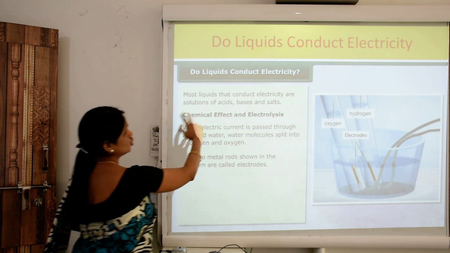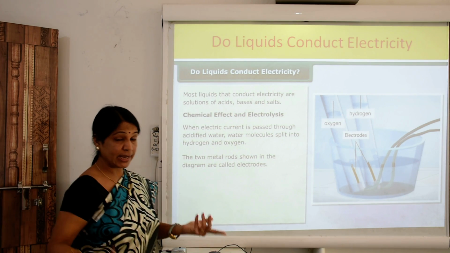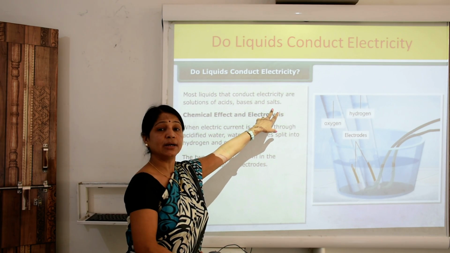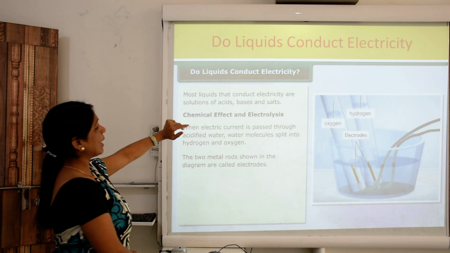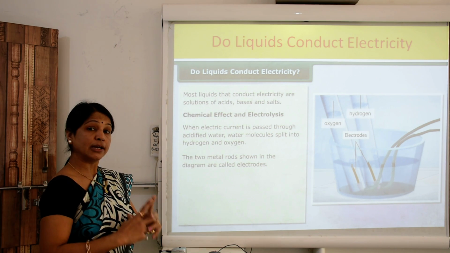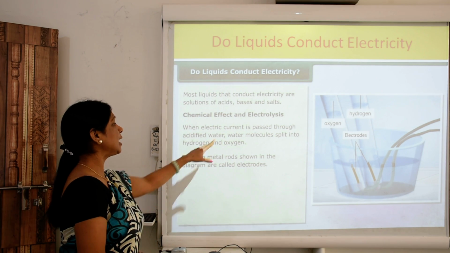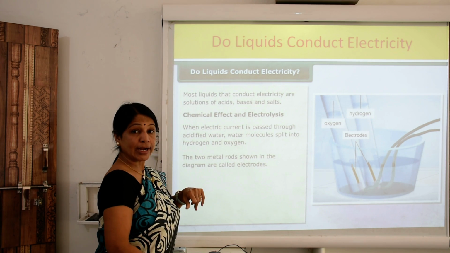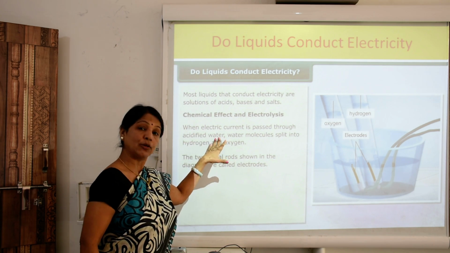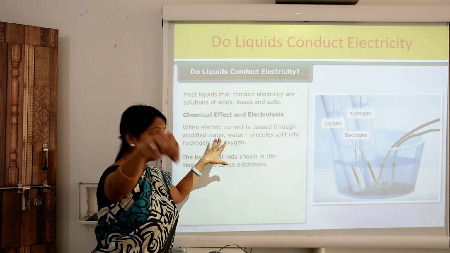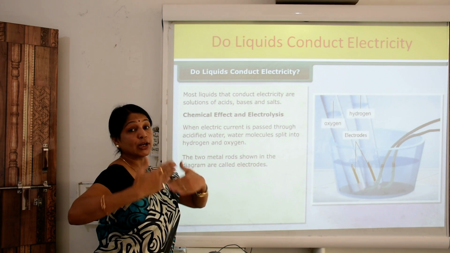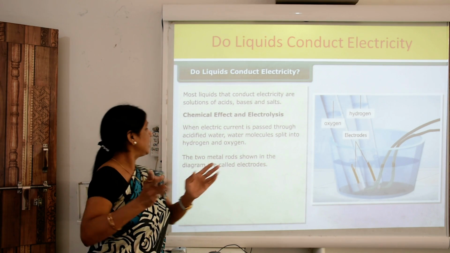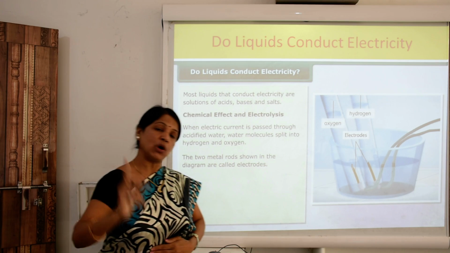So here, solutions of acids, bases and salts, salts meaning NaCl. Now, the chemical effects of electrolysis. When electric current is passed through acidified water, meaning water with acid included in it, the water molecules split, that is, they are divided into hydrogen and oxygen.